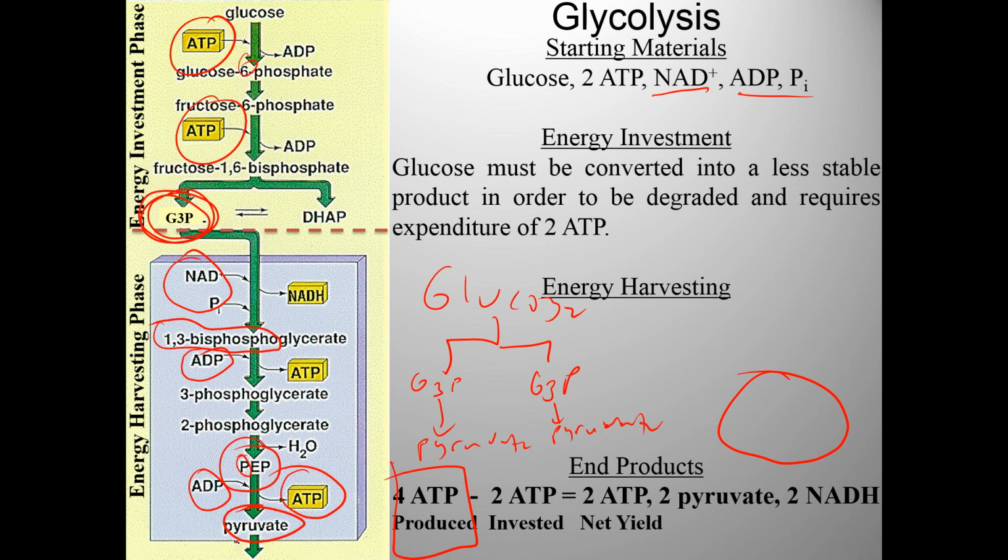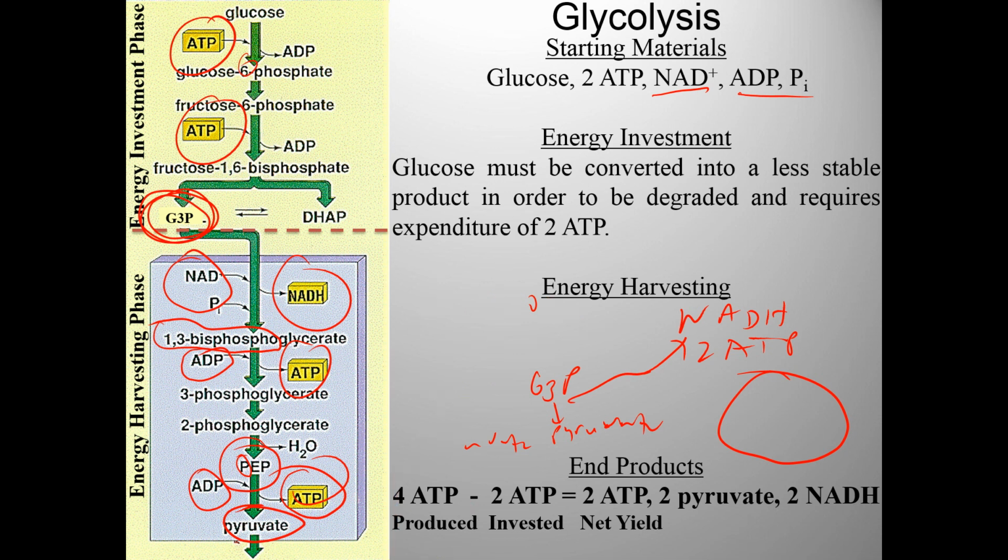And in that process, you produce 1 NADH and 2 ATPs each. So out of this you get 1 NADH and 2 ATP, and again, out of this you get 1 NADH and 2 ATP. So you get a total yield of 4 ATP molecules.